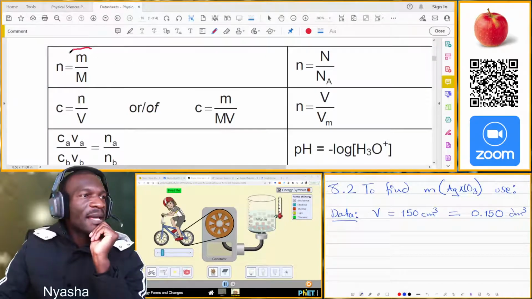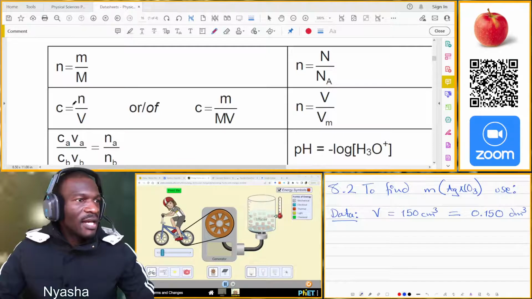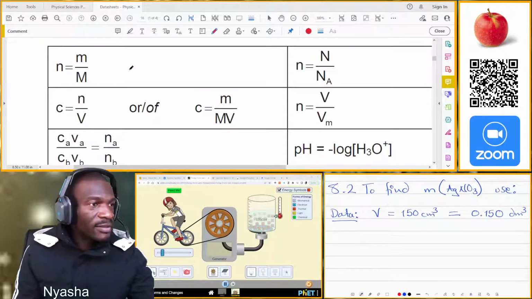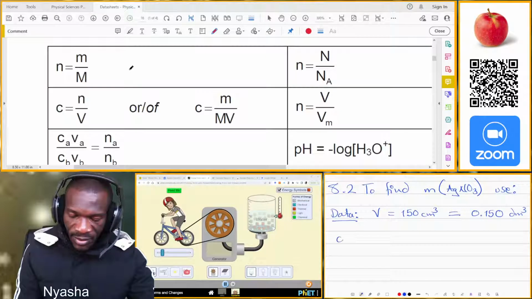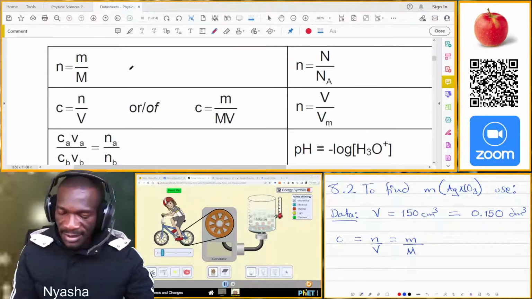We want to find a mass, so we can use the equation for the number of moles. So using the equation, concentration is equal to number of moles over volume, where this number of moles is actually given by the mass over the relative molecular mass, and then we multiply by 1 over volume.